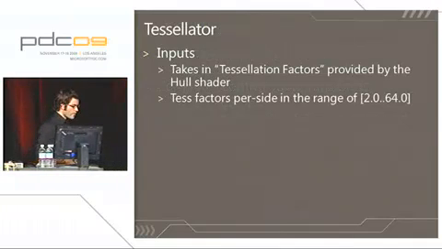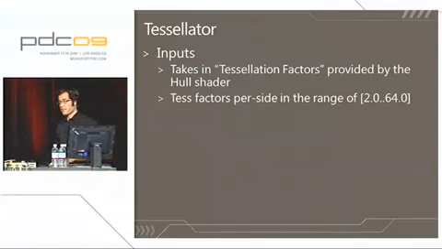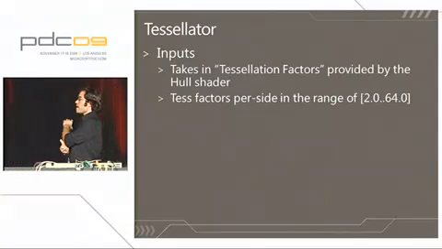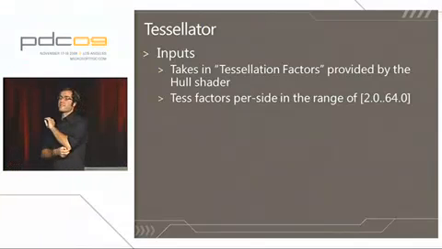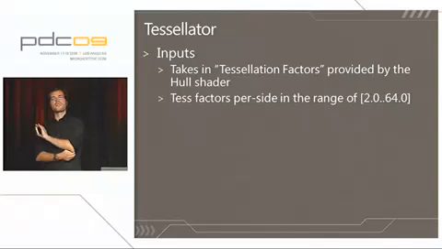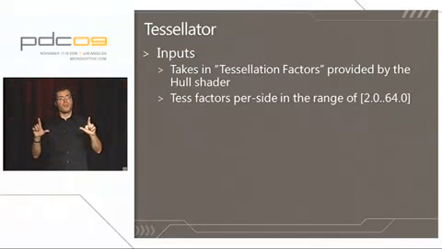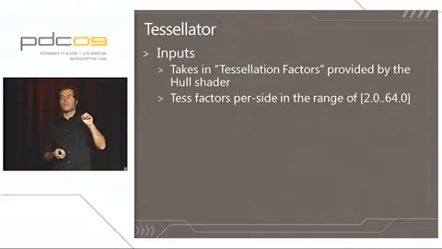Once the control points have been transformed using the hull shader, those tessellation factors that I referred to are passed on to the tessellator. And the tessellation engine is actually a pretty simplistic concept, where it just takes a sort of archetypical patch, something that's sort of sitting in a 0 to 1 space in 2 dimensions, and breaks that up based on the tessellation factors that you have, figures out what the triangles are, and then for each vertex, it has some coordinate.